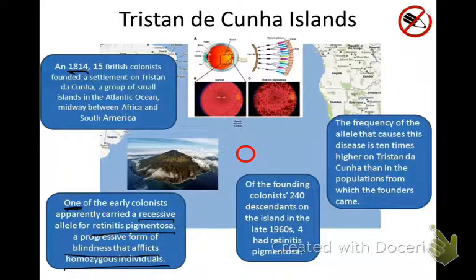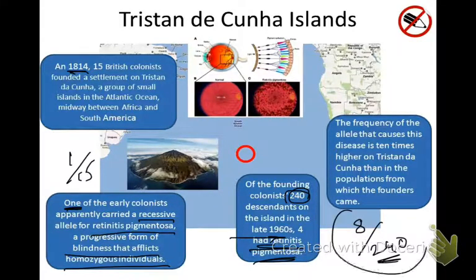Of the founding colonists, the original descendants, of 240 descendants in the late 60s, 4 had retinitis pigmentosa. So one person, so that means it was 1 out of 15, but now it has become 8 out of 240.